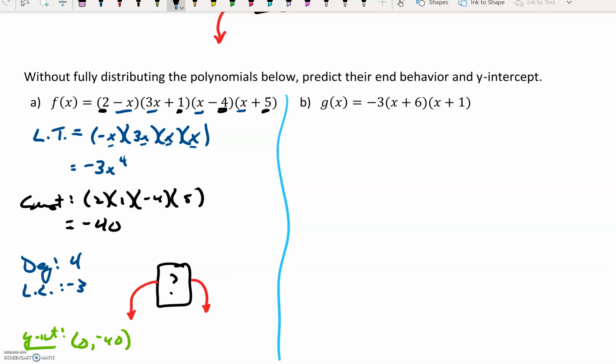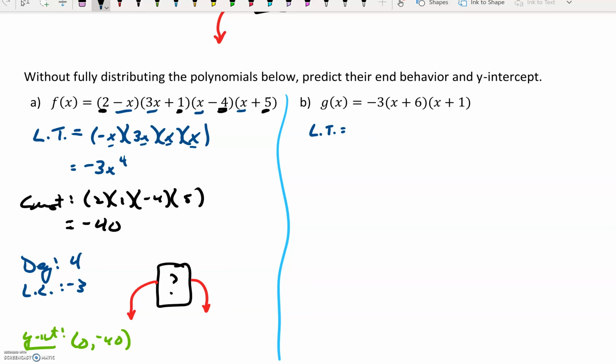Now we can look at part B. We're going to do the same thing. We're going to look for the leading term. So to find the leading term, I need to multiply all of my x values and any constant factor.